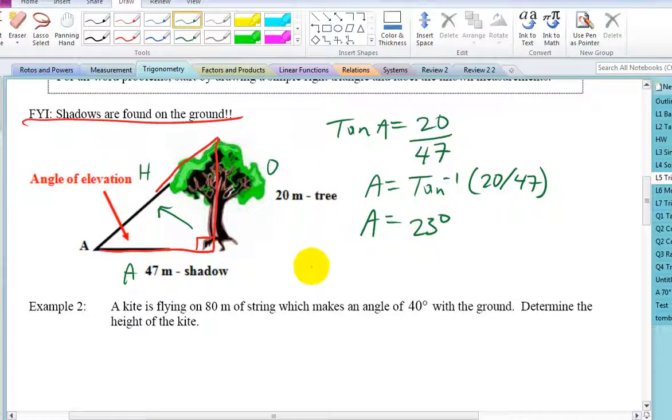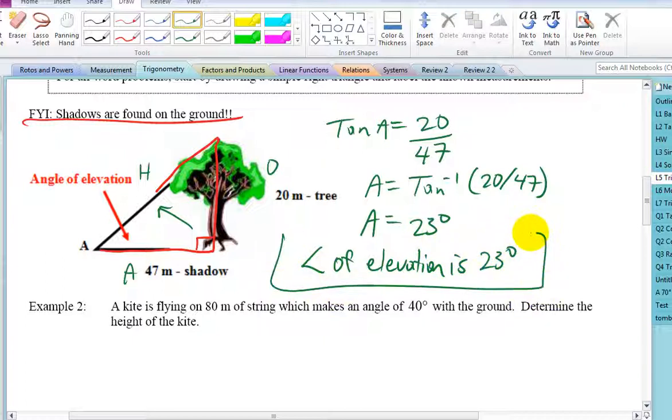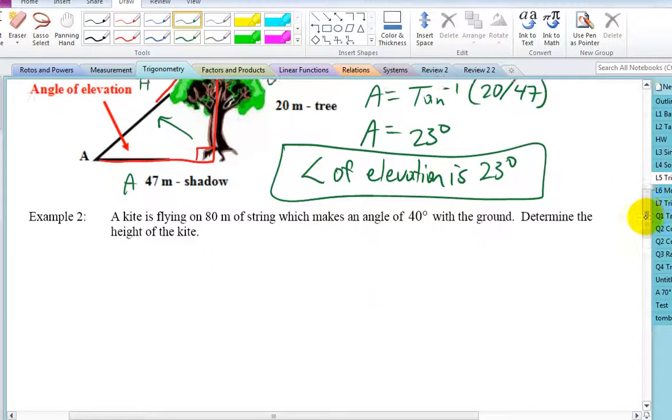Simple word sentence, you should say angle of elevation is 23 degrees. Then you'll know that you answered the question. That's just a double check. It makes you look at the question, reread the sentence, did you answer it right? Keep it simple and short and sweet. Was that hard? No, it wasn't that bad.